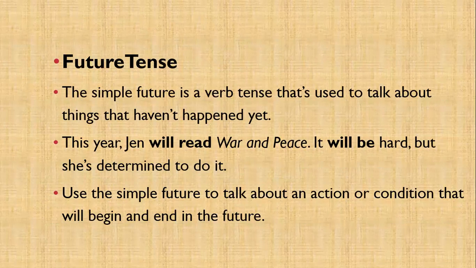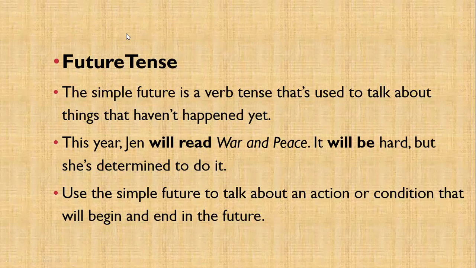In this case, she hasn't read the book War and Peace, but she is very determined to read it and do it. We use the simple future to talk about an action or condition that will begin and end in the future. Obviously, it's in the future, not in the past, not in the present.